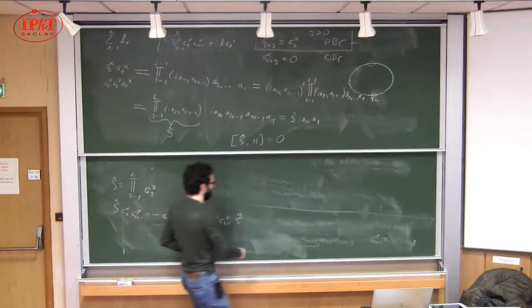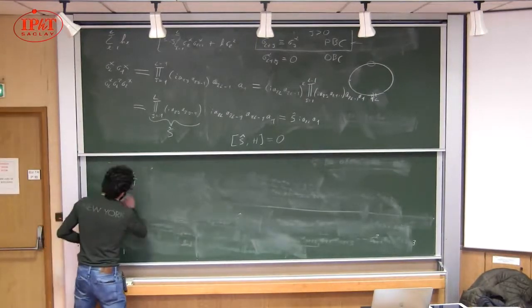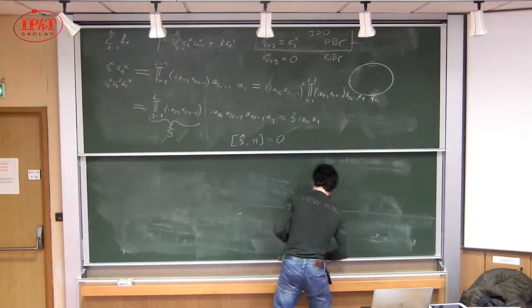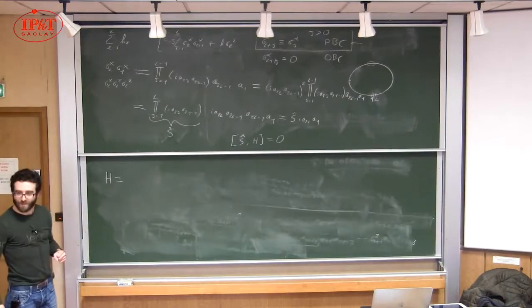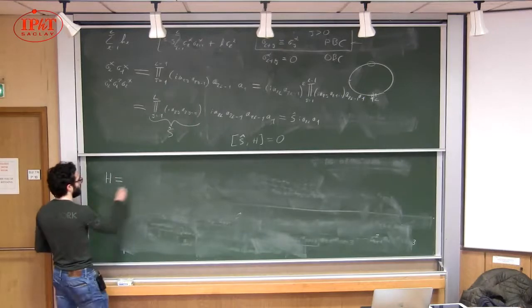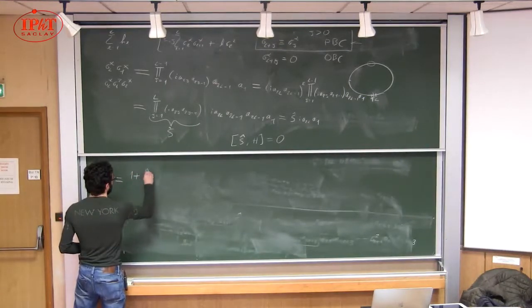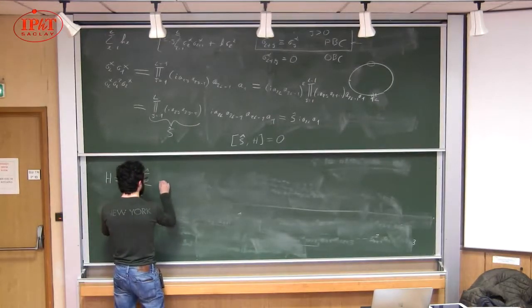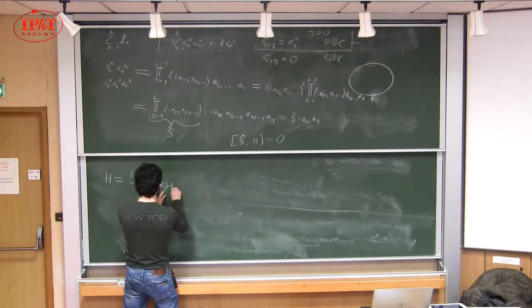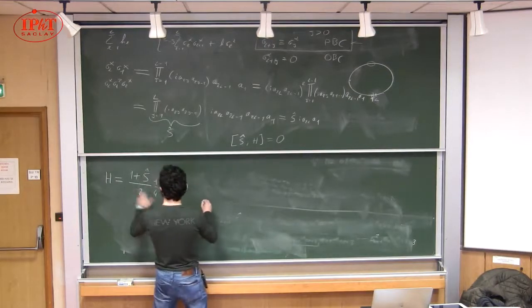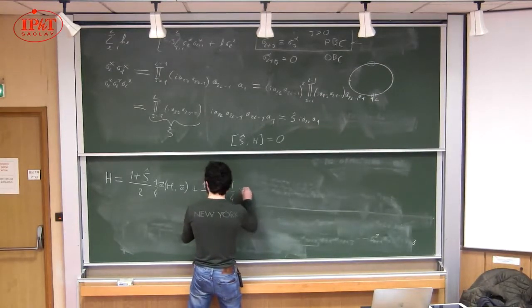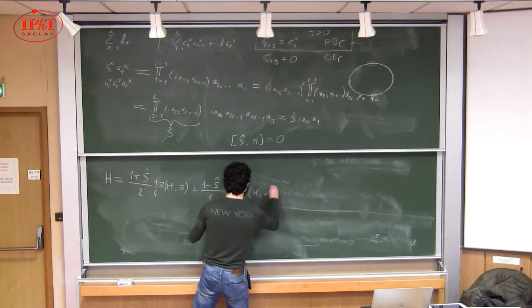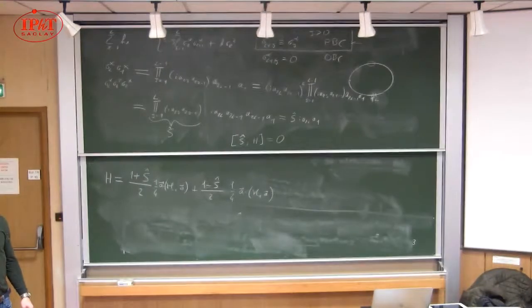So what you find in the end is that after the Jordan-Wigner transformation, if you have periodic boundary conditions in the Hamiltonian, you can rewrite the Hamiltonian in this form: (1 plus S)/2 times something which is quadratic in the Majorana fermions, H plus, and then plus (1 minus S)/2 times H minus.